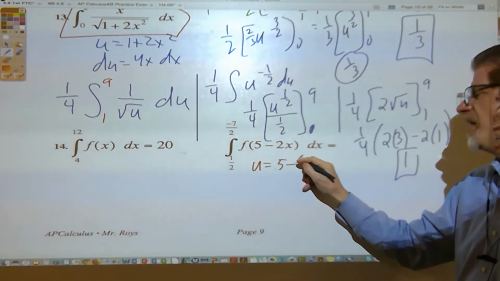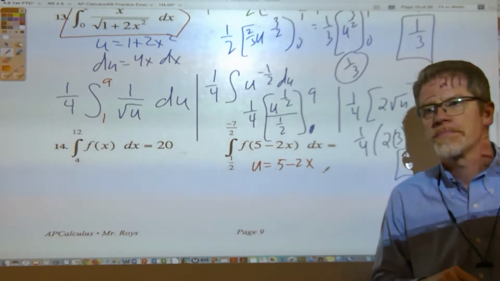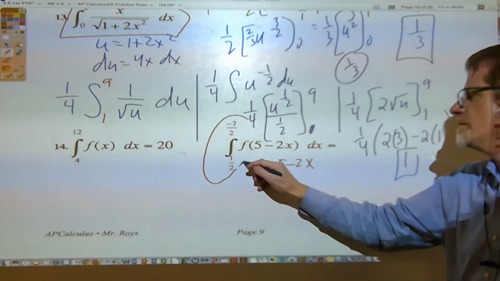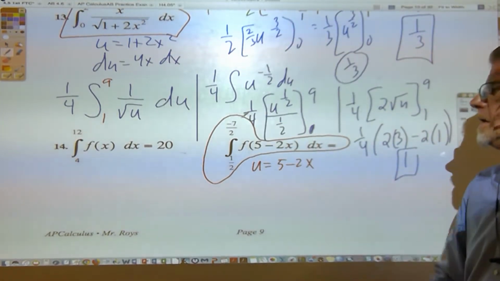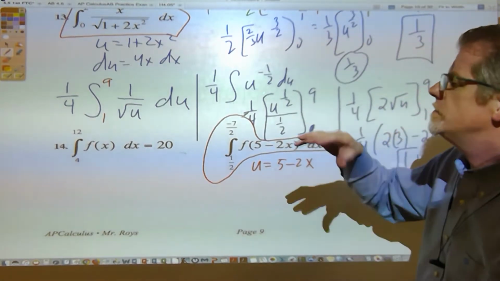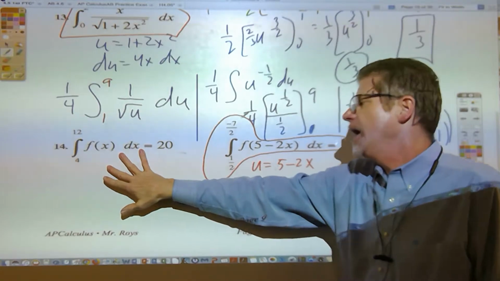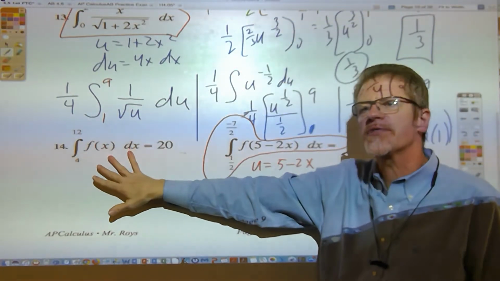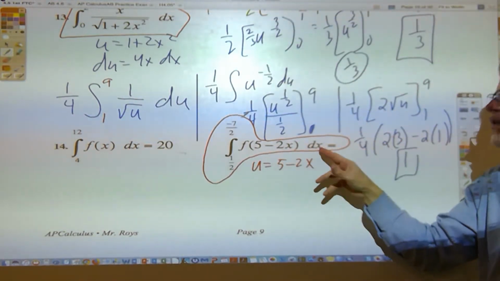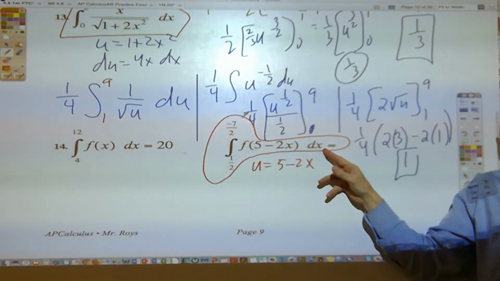I can let u be 5 minus 2x. Oh, wait. So we're doing problem 20. Oh, it's all 1. In which, actually, we're doing problem 14, in which they tell us that this is true.